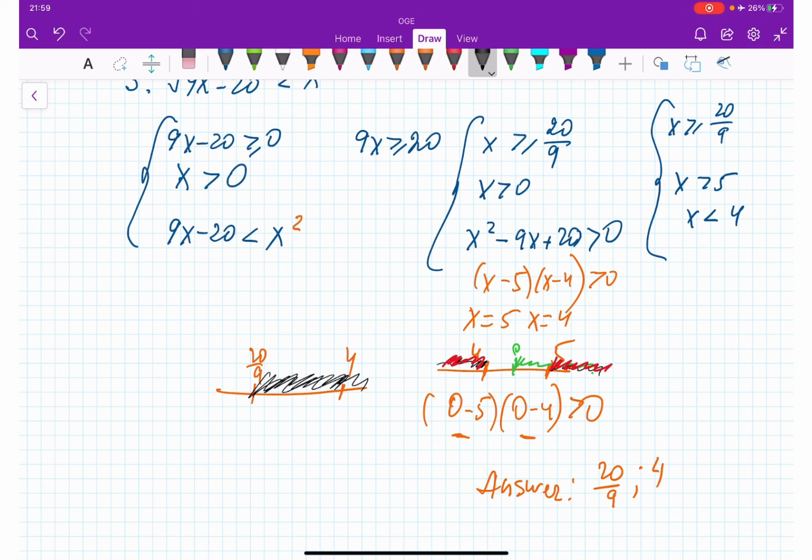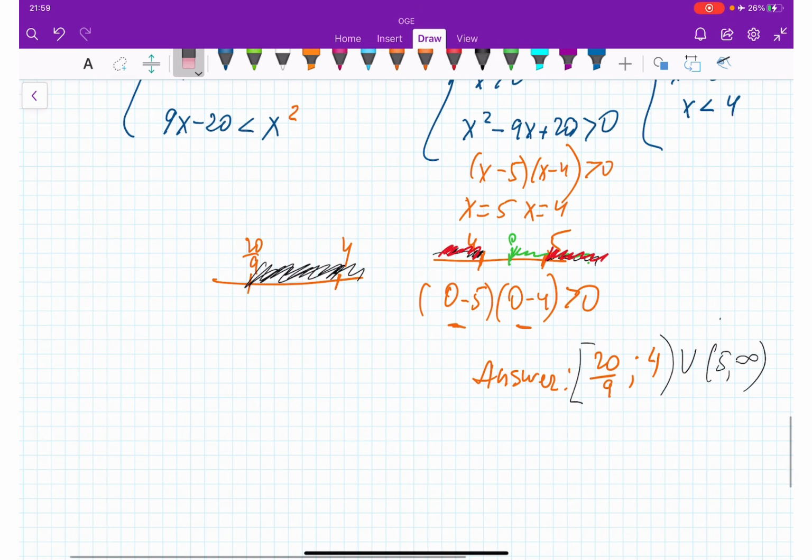So we need to show it's in between. Therefore, I put in here 20 over 9 with the equal sign also. It's right here. Therefore, it's going to be a square bracket 20 over 9 and 4, or we have more than 5, which is going to be 5 and infinity. Okay, are we good? And this is our answer.